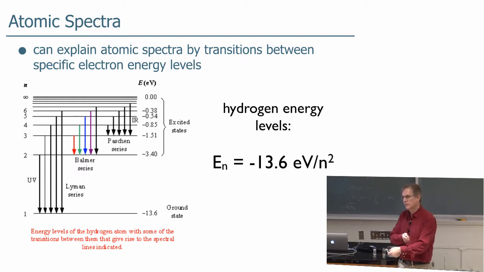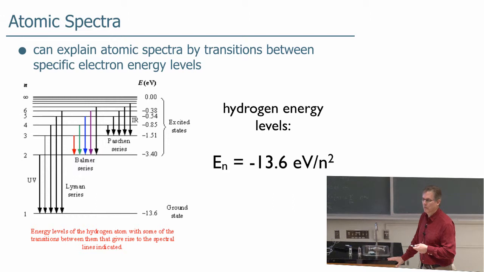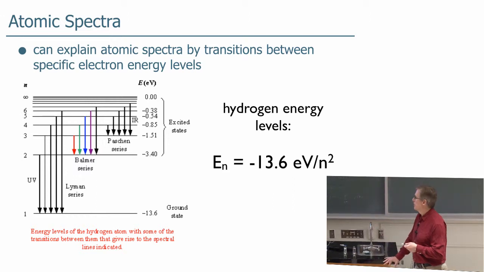You can get the wavelength just by dividing by the energy instead. So 1240 divided by 10.2 gives something on the order of 120 nanometers for the wavelength, right? You can do that one in your head. 120 nanometers is far away from the visible spectrum, which cuts off around 400 nanometers.